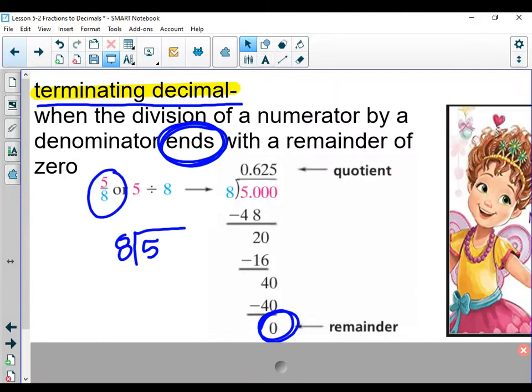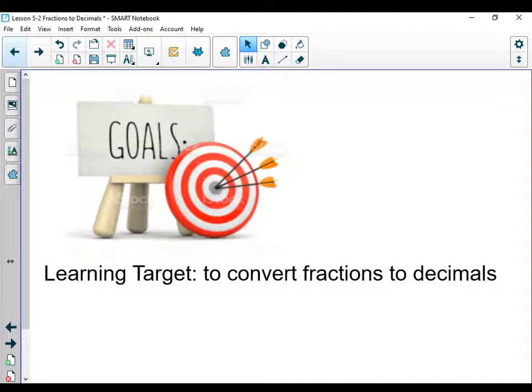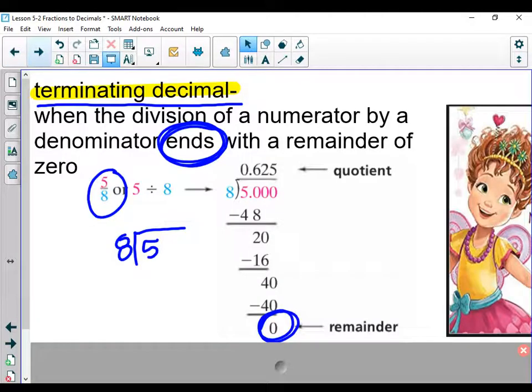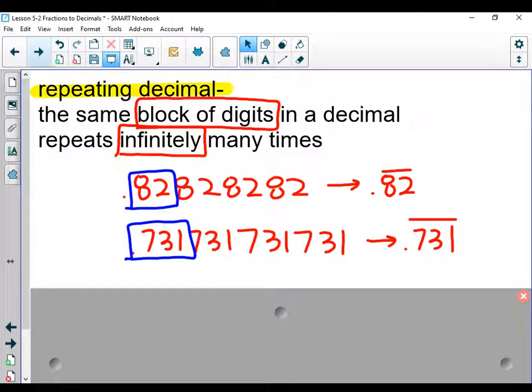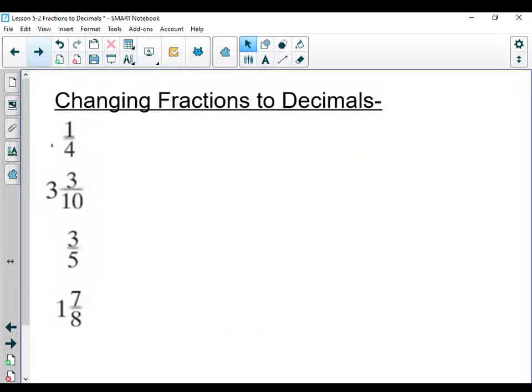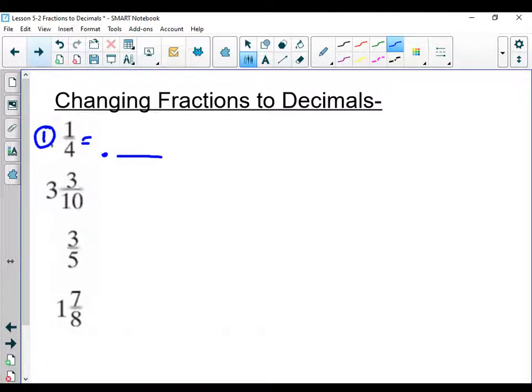So, like I said, our goal is to convert fractions to decimals. When we do that, we will either get a terminating decimal or a repeating decimal. And here's our strategy. Strategy 1. I want to make that a decimal. The easiest strategy of all.